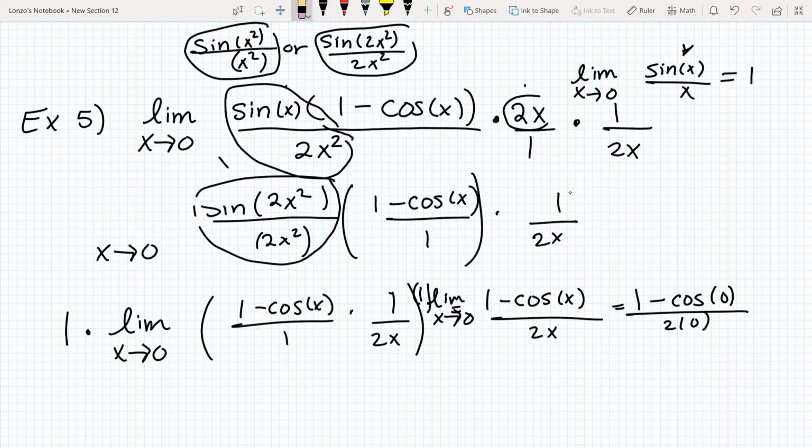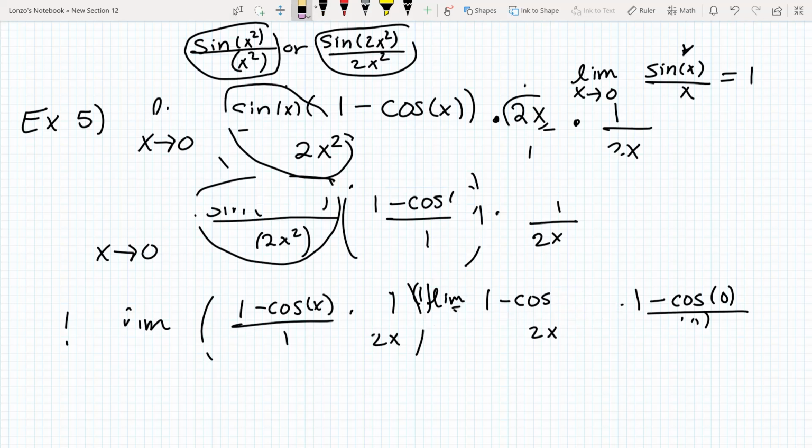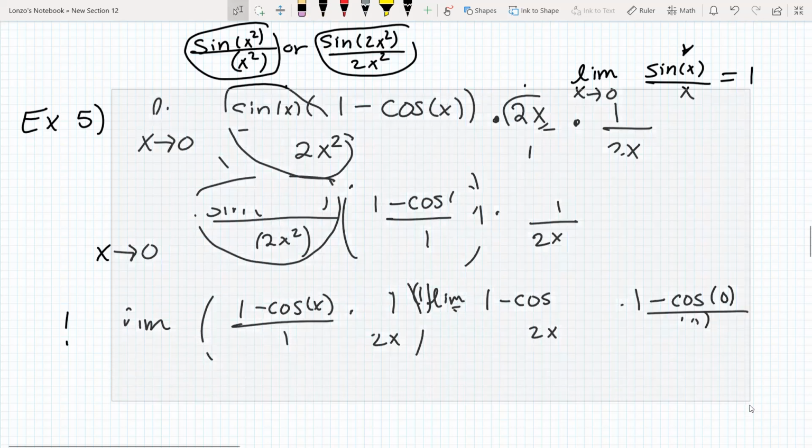So let me just erase, because what happens is we're going to get 0 over 0, which is undetermined, not good, right? You don't want 0 over 0. So let's redo this.